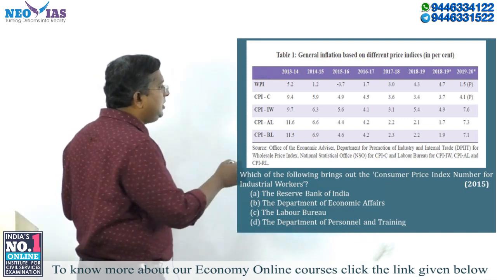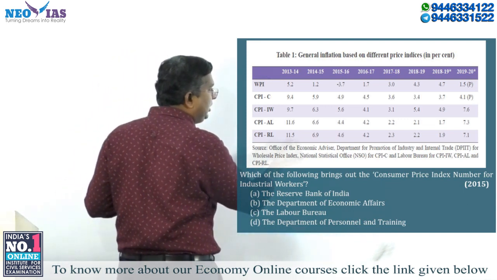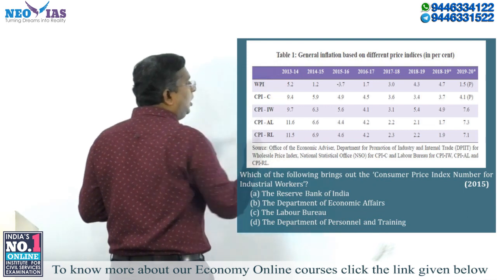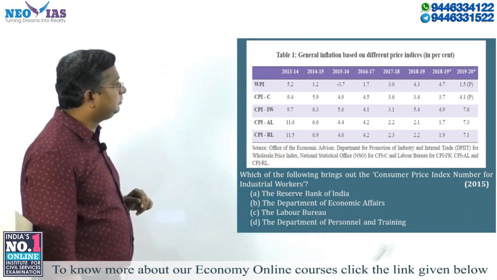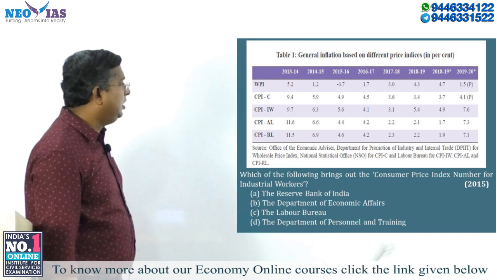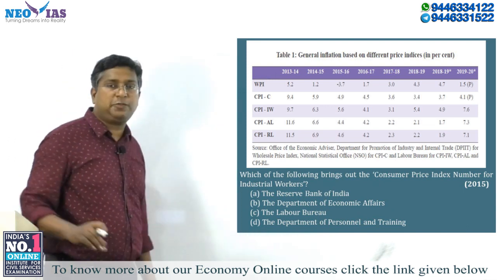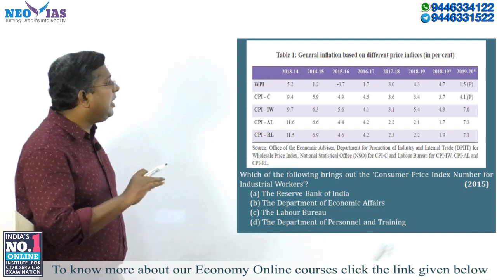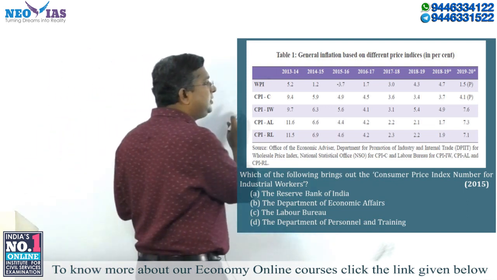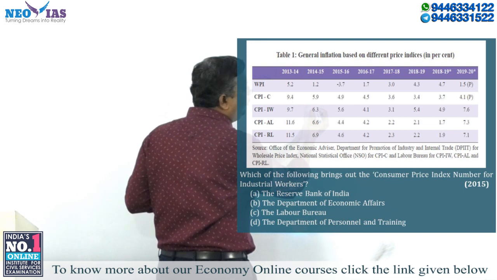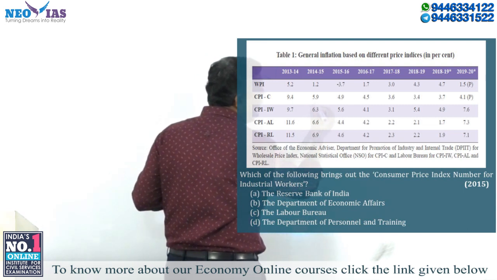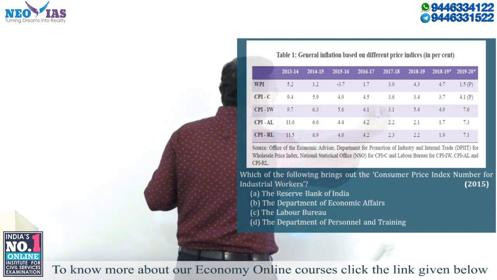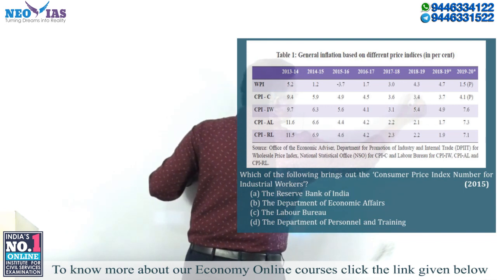So you can see in the year 2013, there was high inflation, okay. So 2013-14 was high inflation, especially for consumer price index. But thereafter, if you look into the consumer price index from 2014-15 onwards, there is a continuous decline till 2018-19.